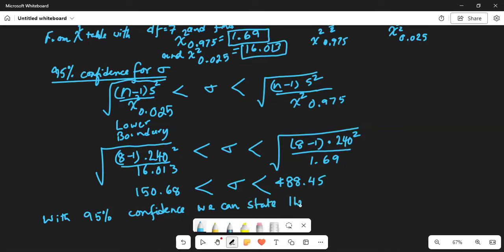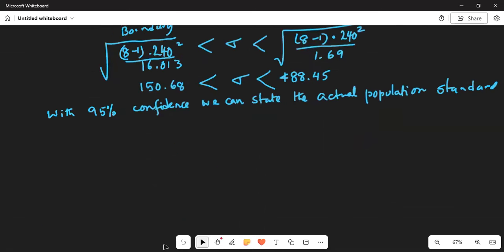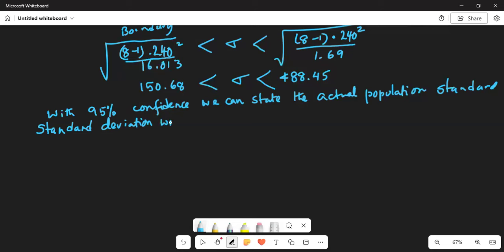So with 95% confidence, we can state that the actual population standard deviation will fall between 150.68 and 488.45.